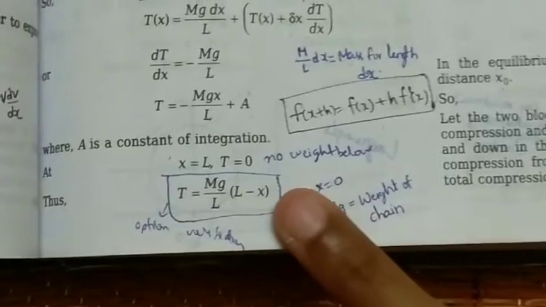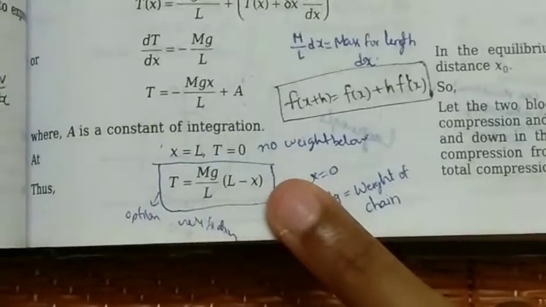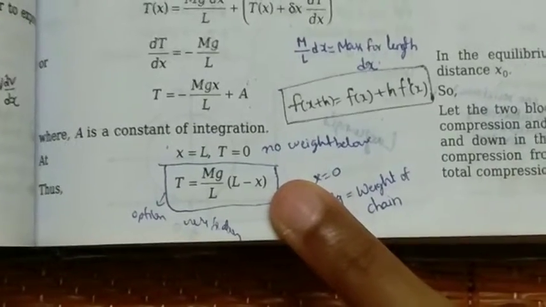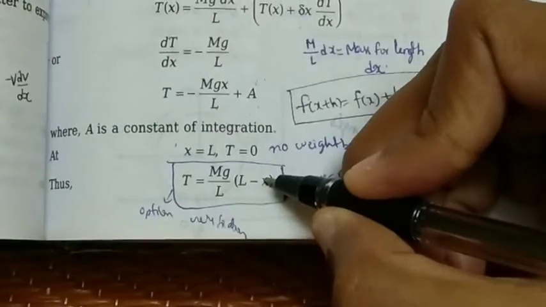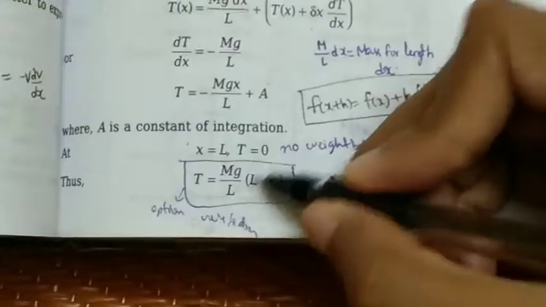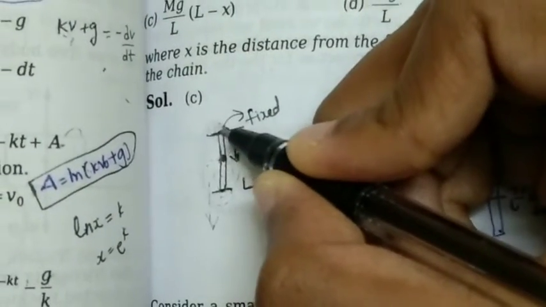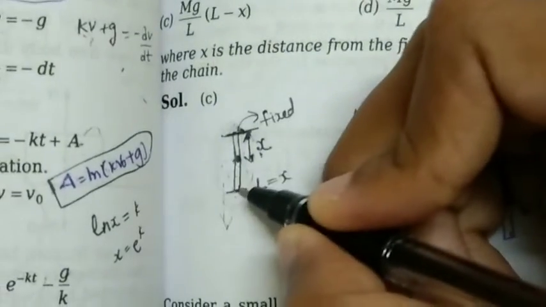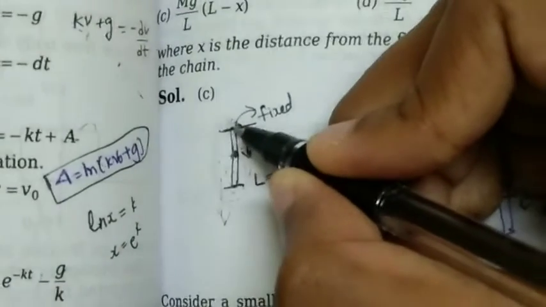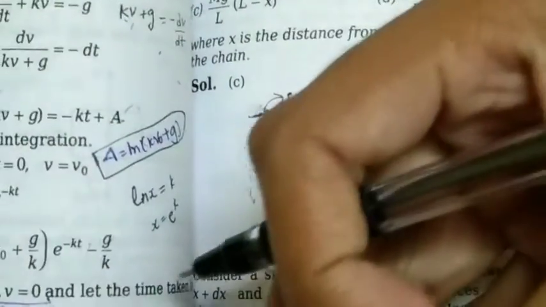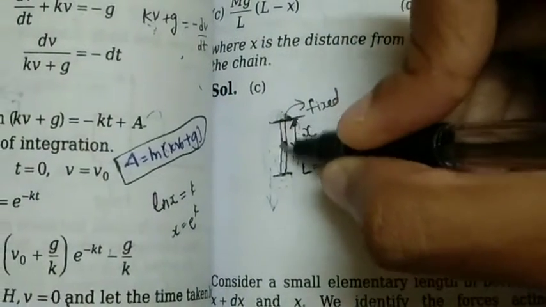For example, suppose you consider x is 0. What would happen? If x is 0, L minus 0 is L, L would get cancelled, and t is mg. At this point x would be 0, and at the other end x is L. At the x equals 0 point, it has to carry the entire chain.